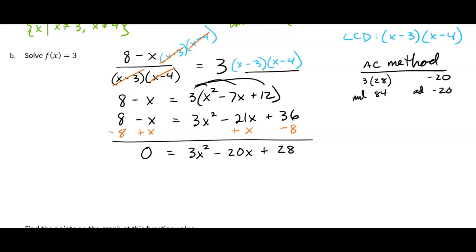Well, 4 goes in. 4 times 21. And if I make them both negative, that would give me like negative 25. Now the signs will have to be the same. So I need it to be a little bit more than that. So will 7 go in? I think 7 goes in. 7 times 12?